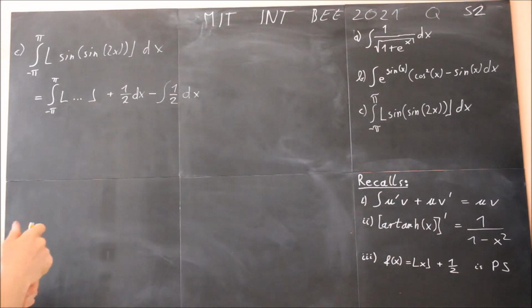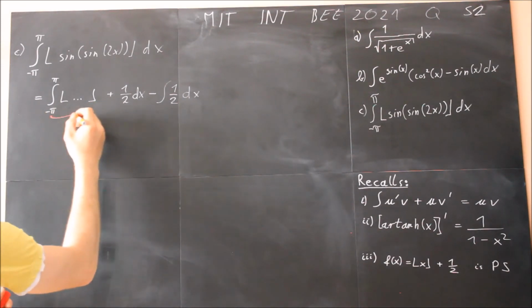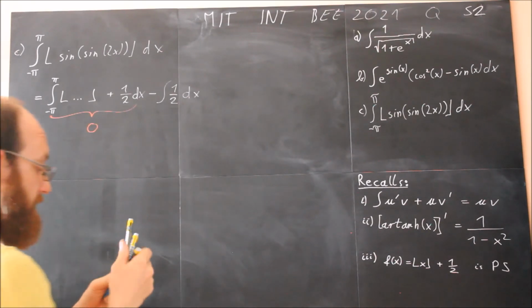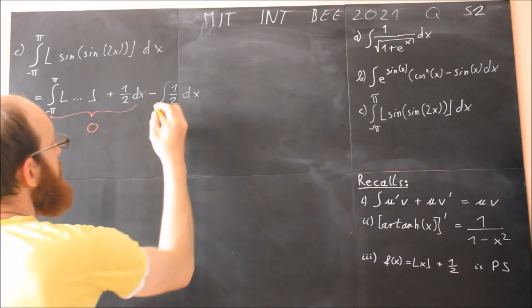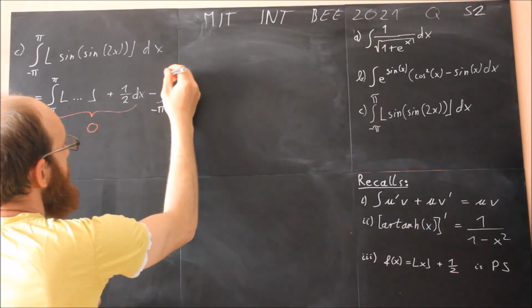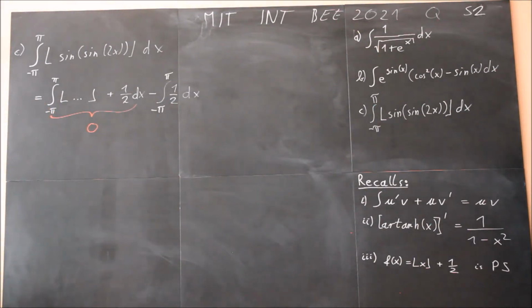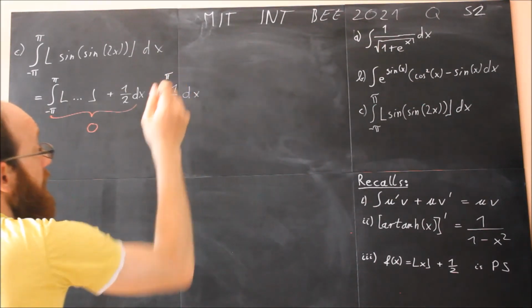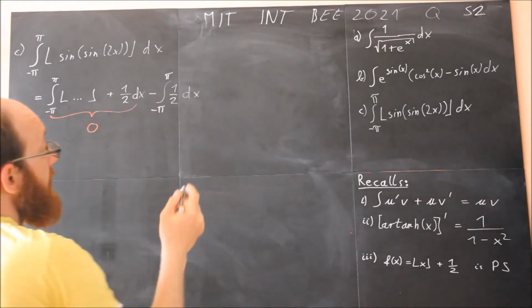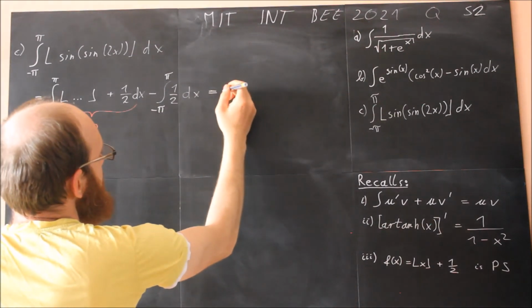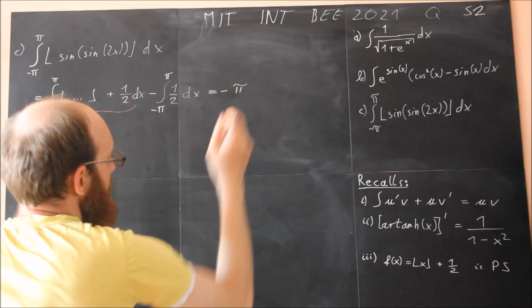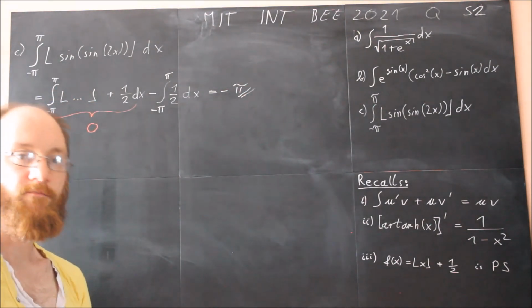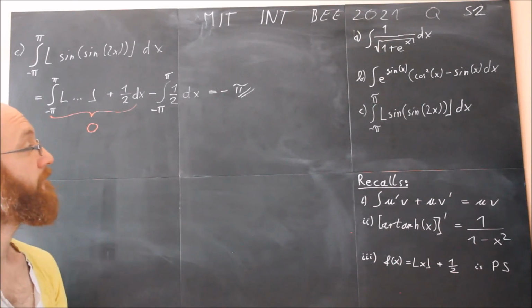This means that this part becomes 0, and therefore all we have to solve is this easy integral minus the integral from minus pi to pi of 1/2 dx. Yeah, and this is an easy exercise. You get minus pi for the third integral.